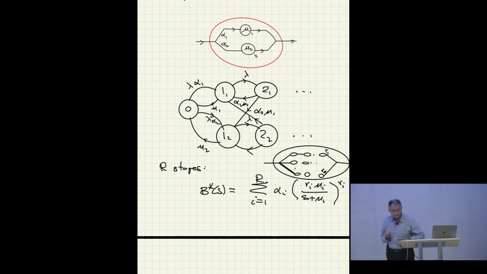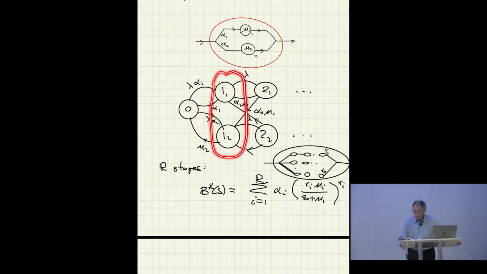You're quite right. Could you collapse this to one dimension by drawing your circle around 1,1 and 1,2? Yes, you can, but I'm not sure the balance equations will be good, because you're quite right that this is P sub 1.